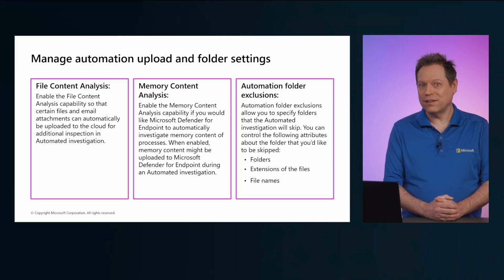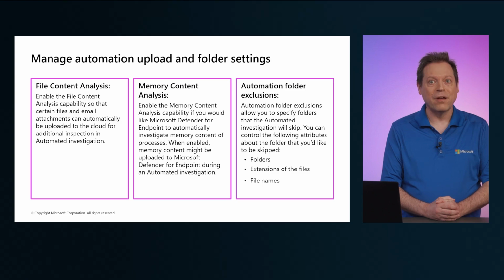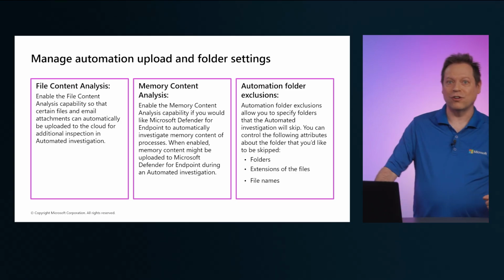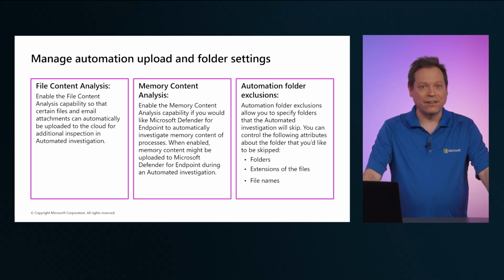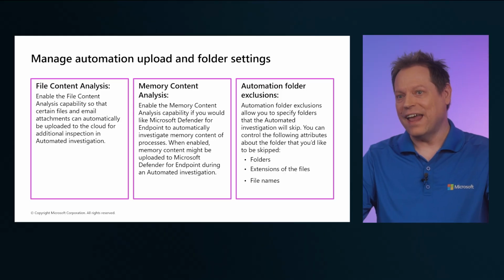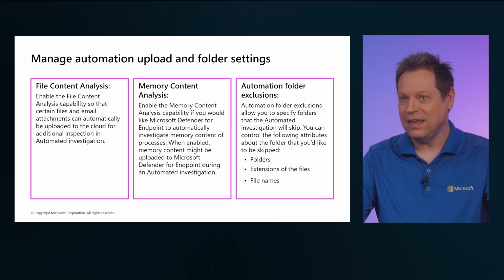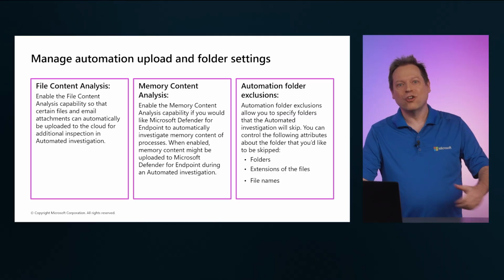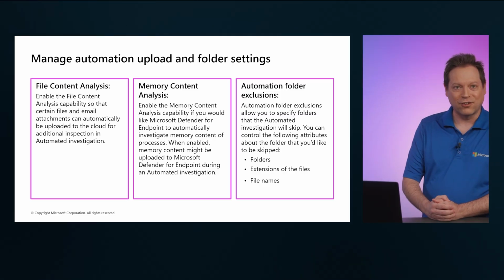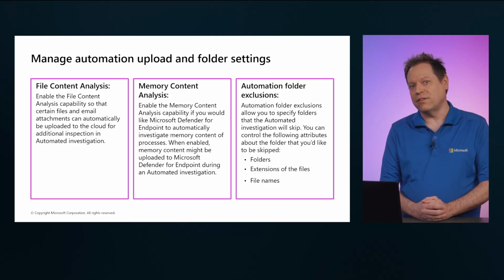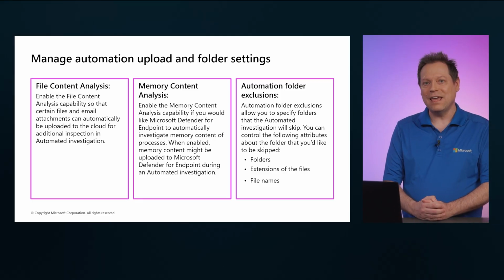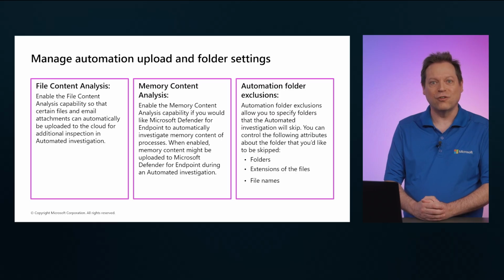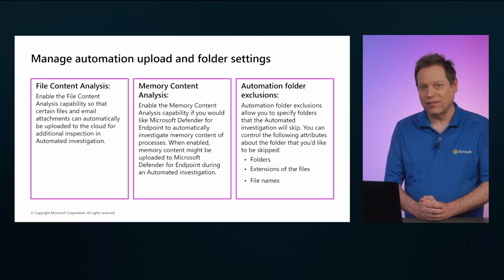Automation quality depends heavily on what data automated investigation can collect and analyze. With file content analysis, you can enable a capability where certain files and email attachments are automatically uploaded to the cloud for additional inspection during an automated investigation. With memory content analysis, you can enable automated investigation of processed memory content.